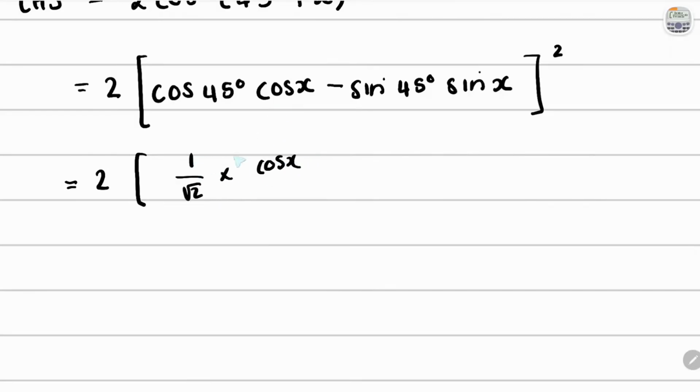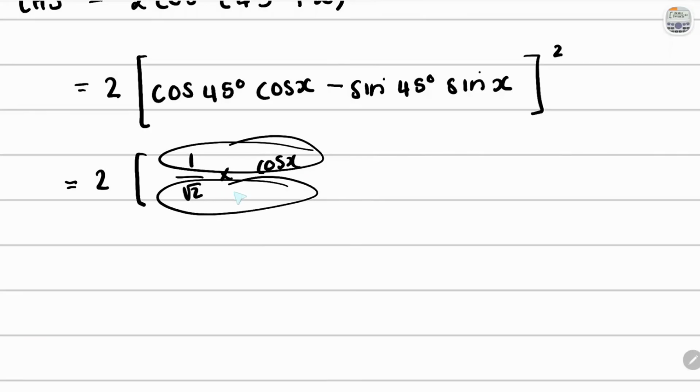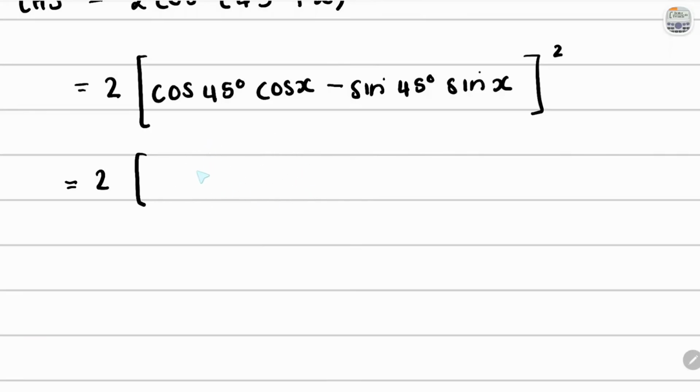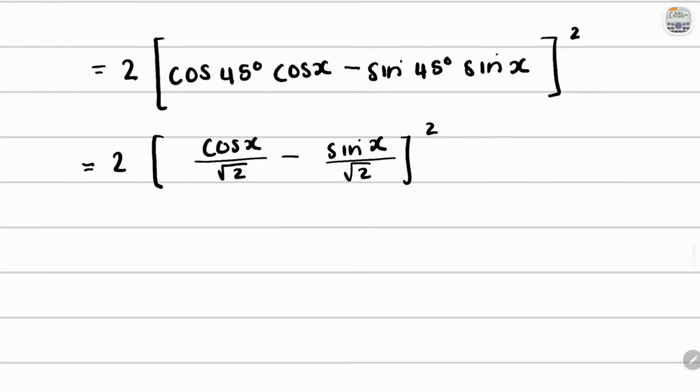So you might as well just say numerator times numerator, denominator times denominator. There's a denominator of 1 here. So that's just going to be cos x over the square root of 2. And then here, that's also going to become 1 over square root 2, and then it multiplies with sine x. So it becomes minus sine x over the square root of 2. And then they still get squared.